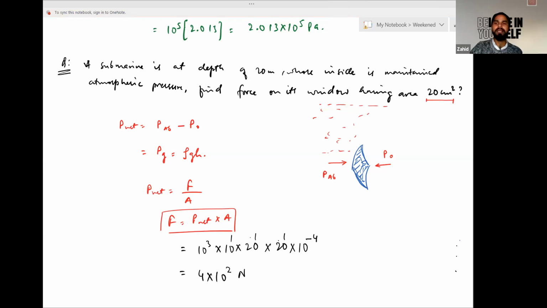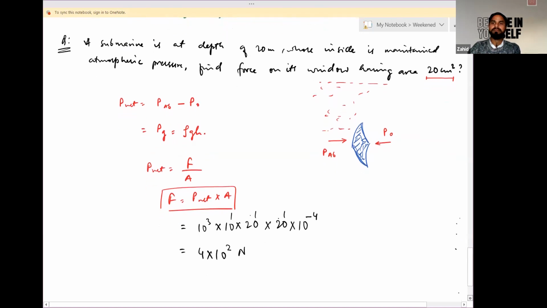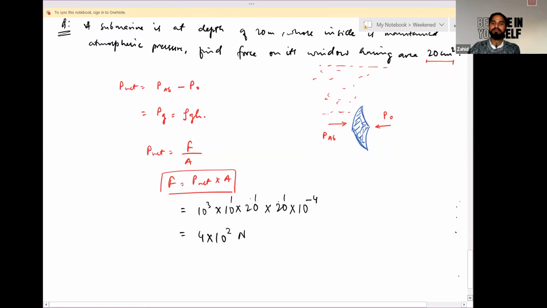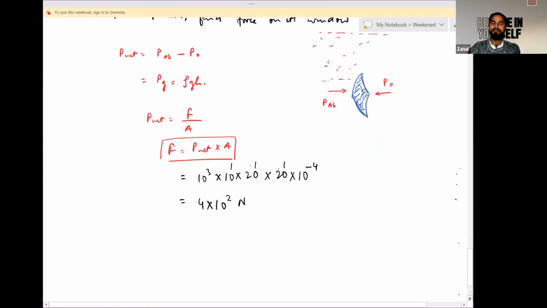Abdul Wahid, is it clear? You have written?